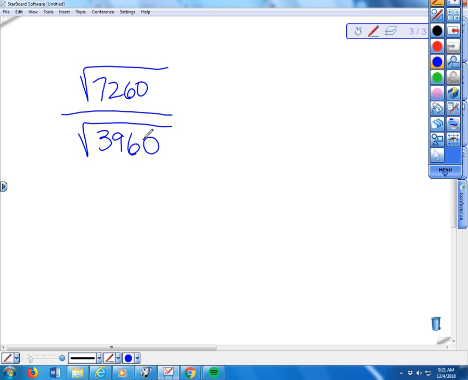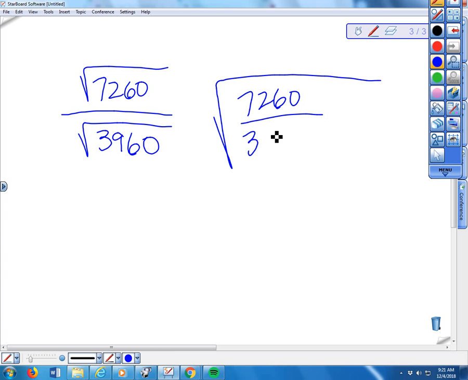Okay, you could go ahead and just break apart the numerator and break apart the denominator. What I did is I noticed, I know the numerator and denominator. Remember, when you are dividing or multiplying, you can just divide or multiply the radicand. So this is the same thing as, okay.